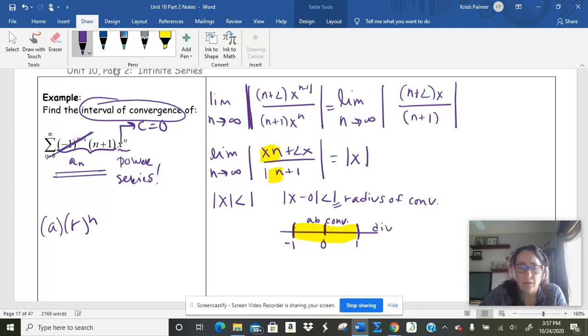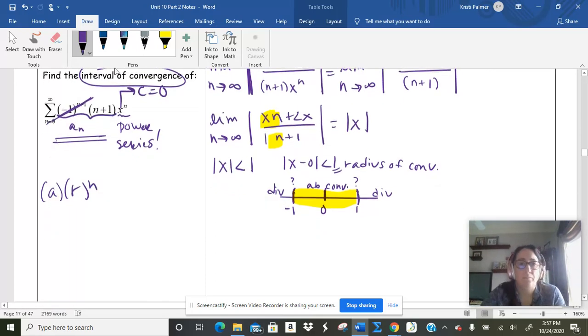Everything out here is divergent, and then we do not know what happens at the -1 or the 1. So we need to go plug in -1 and 1 into the original series and see what happens.